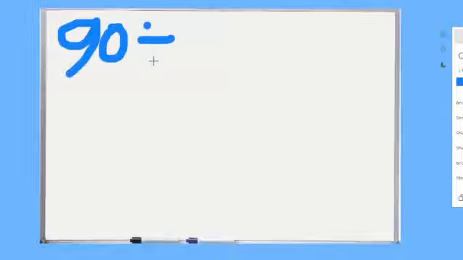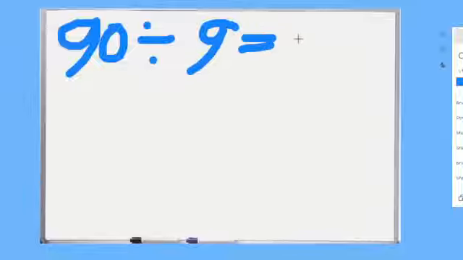And this one, this is basically a 3rd grade problem, okay? $90 divided by 9. Simple. It's mental maths. It's 10.